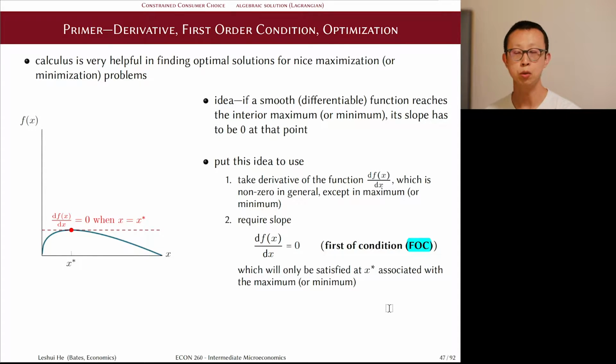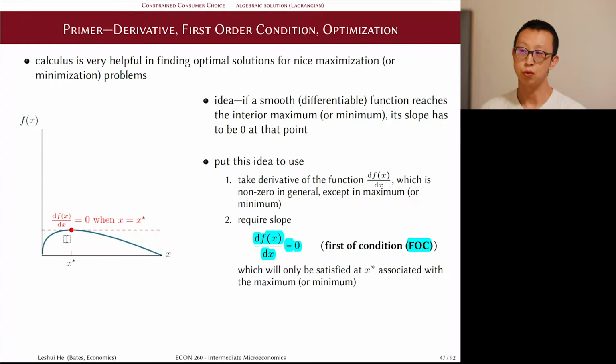So how do we use a first order condition like this to find the maximum of the function? Well, it turns out to be surprisingly simple, because the derivative of f of x with respect to x won't be 0 anywhere other than the maximum point or the minimum point.